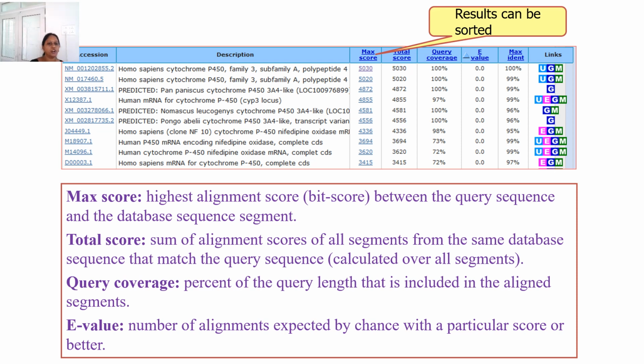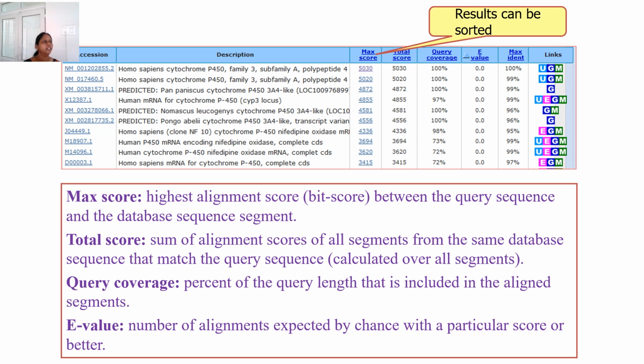E-value is your expected value. You remember that it should be less. You got an alignment, and to this alignment it will give you the score called the E-value.